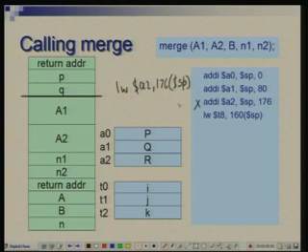You are not storing the value SP plus 176 there. You need to read that location, and whatever address is contained there needs to be put in A2.